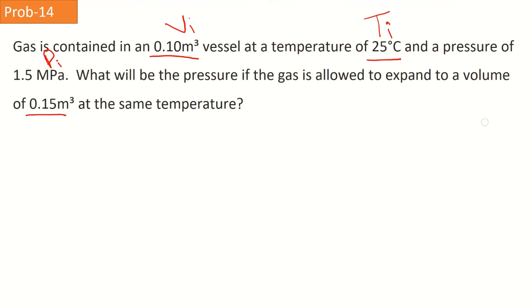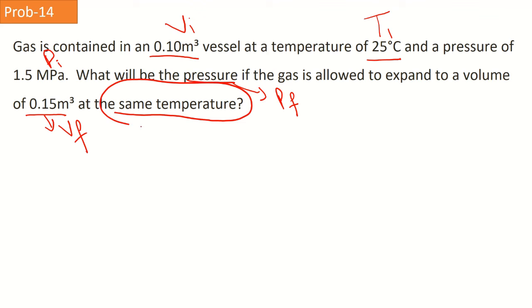Now, what will be the pressure if the gas is allowed to expand to this volume? So this pressure is the final pressure, and this volume is the final volume. The question says you have to find the pressure value when the volume is increased to this value but at the same temperature.